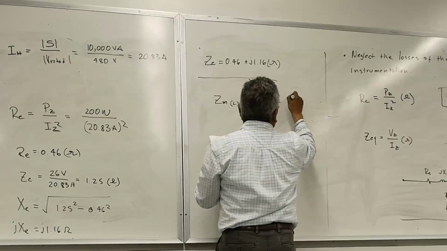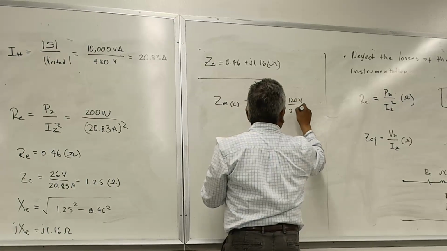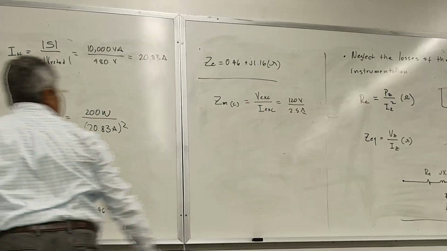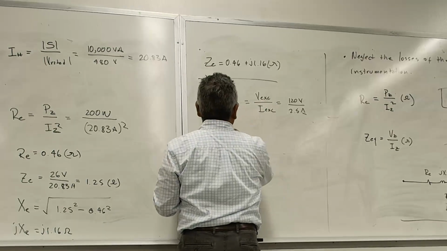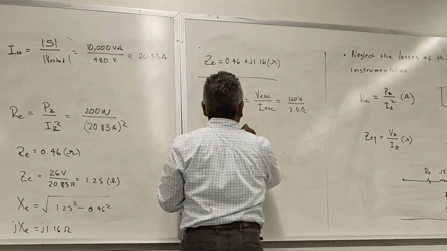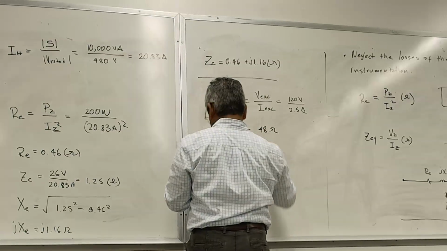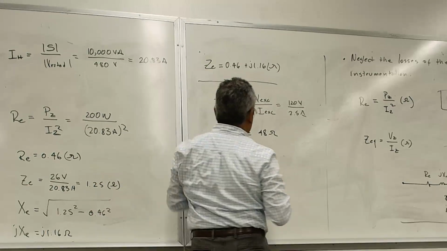In this case, I got 120 volts divided by 2.5 amps. That gives me a ZM on the low side of about 48 ohms. So it's pretty high, right? In comparison to this, right?